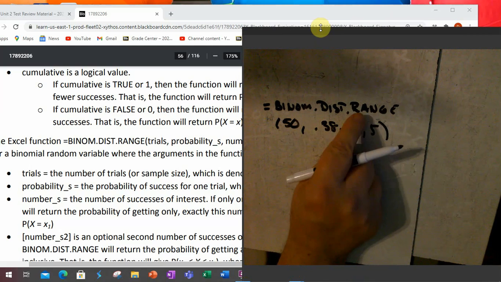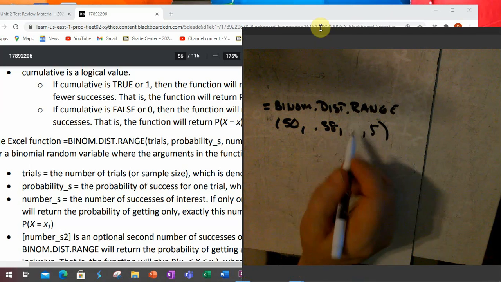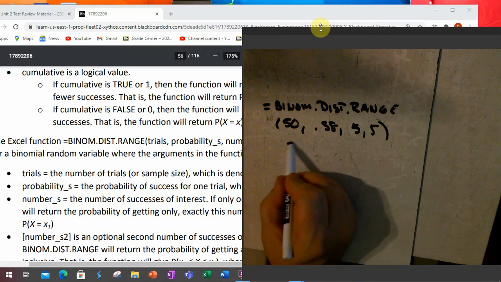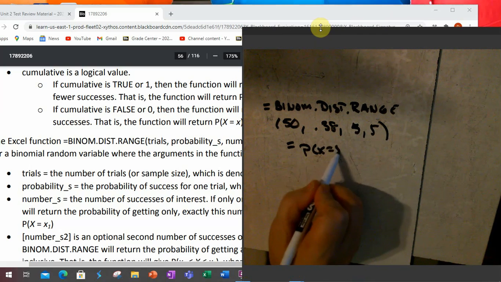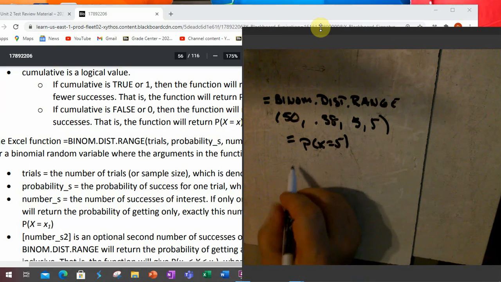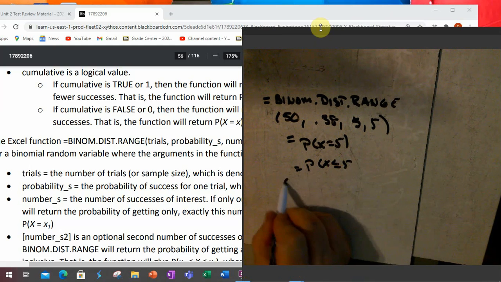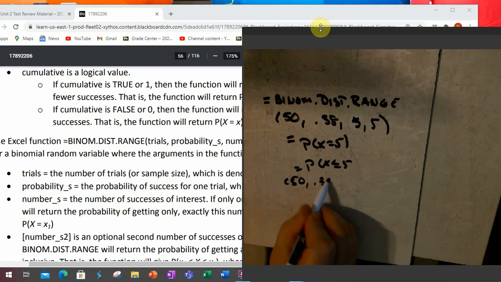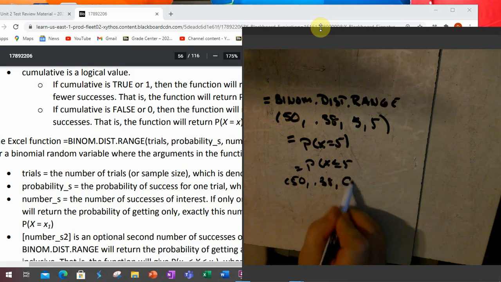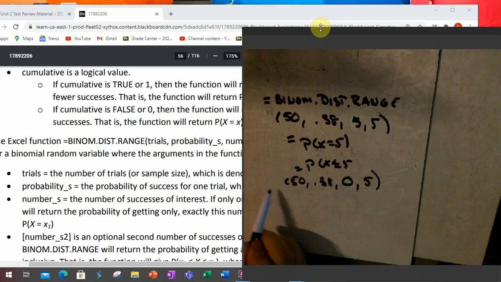That would be for the probability of x equal to 5. And if you wanted the probability of x less than or equal to 5, you would do the 50, 0.38, and then go from 0 to 5, binom.dist.range.